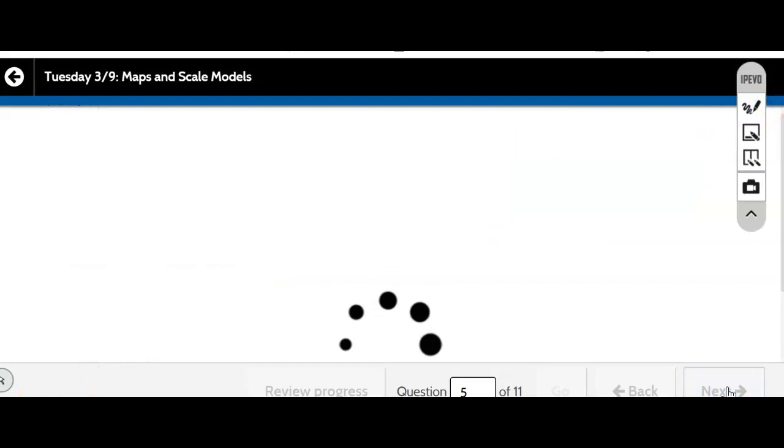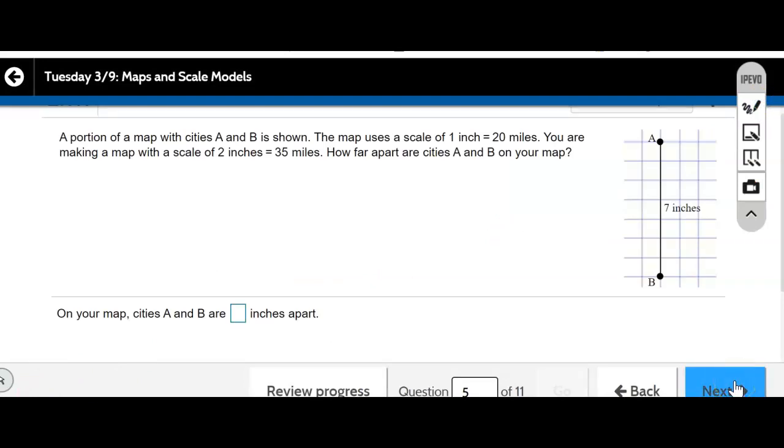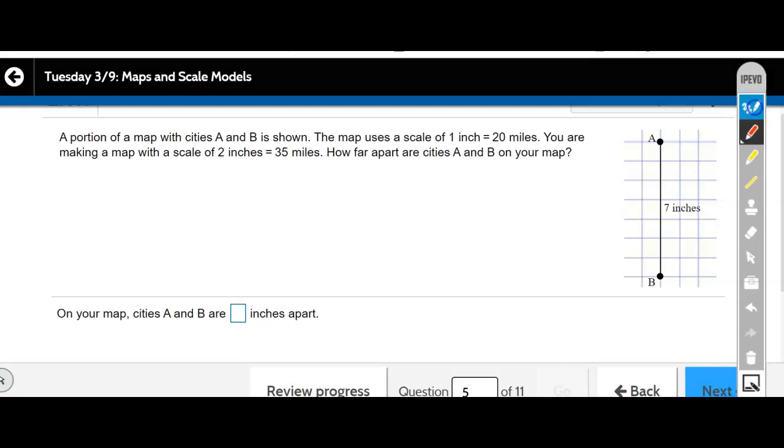All right, so which leads us to the one right here, the only question in which it is going to be different from what we have done with maps and scale models. Okay? So, here's what we are doing.